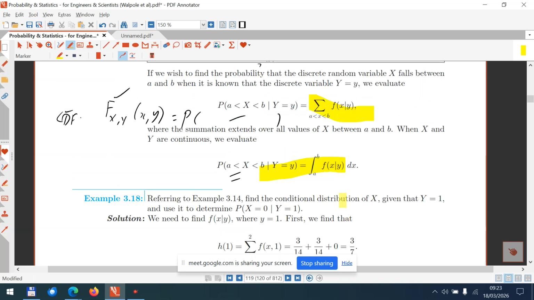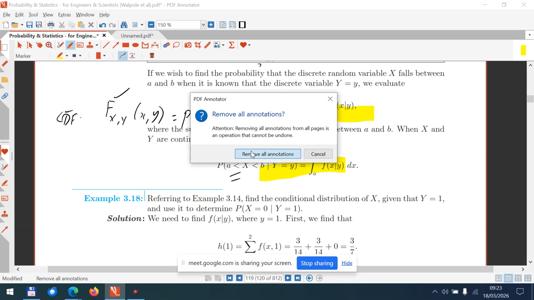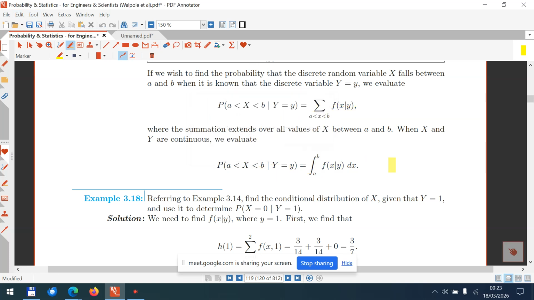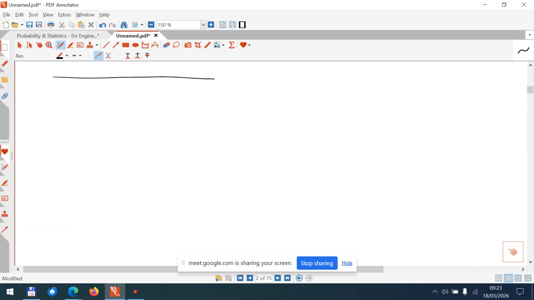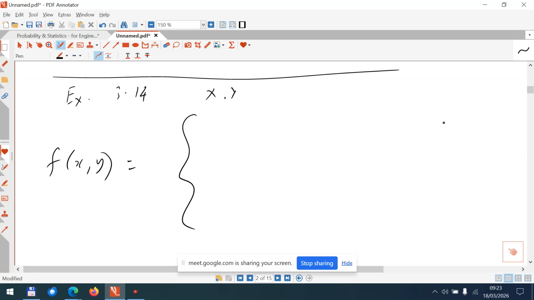Okay, so let's put all these things into use, and I'm now removing the annotations again. Let's put them to use in this question, example 3.14. I think in example 3.14 we came to this formula. I'm just writing this for you; you will recall it easily. In example 3.14, we had two random variables x and y, and we came up with a joint distribution which looked something like that.